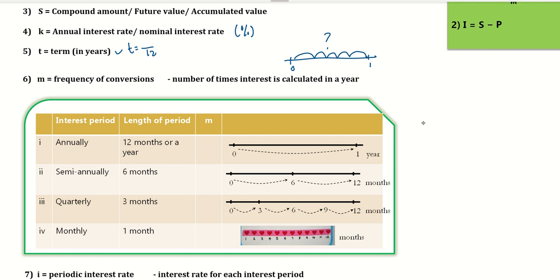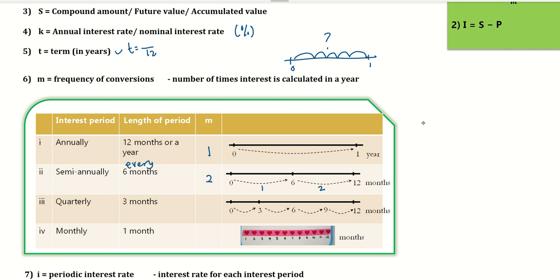The first one is if the interest period is given as compounded annually, it means the interest is calculated once a year. So M is equal to 1. Second, compounded semi-annually means the interest is calculated every 6 months, so twice a year. So M is equal to 2.